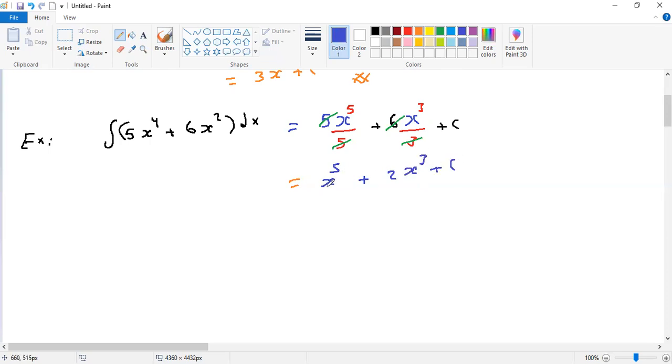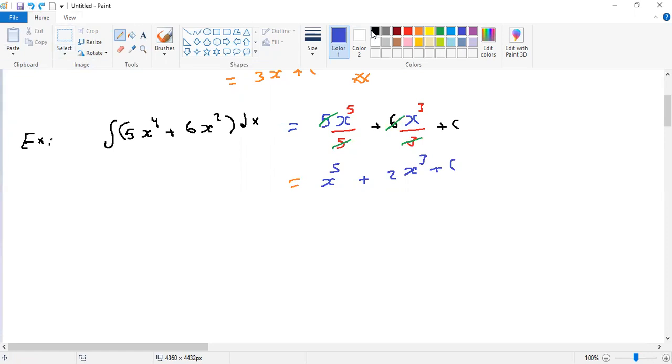Now see, the derivative of x to the power 5 is 5x to the power 4, because 5 by 1, 5 minus 1. The derivative of 2x cubed is 3 by 2, 6, 3 minus 1, 2, so 6x squared. So the integral of 5x to the power 4: 4 plus 1 will be 5 over 5. And for 6x squared, n is 2, so n plus 1 will be 3 over 3.